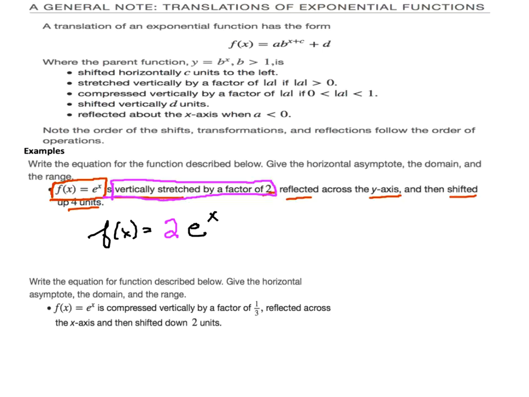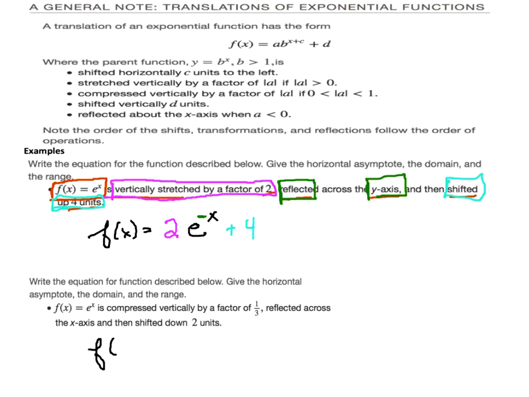And then we will reflect across the y-axis, and y-axis reflection happens on the variable. And then, finally, we will shift up 4 units. That happens on the outside. There's your function.